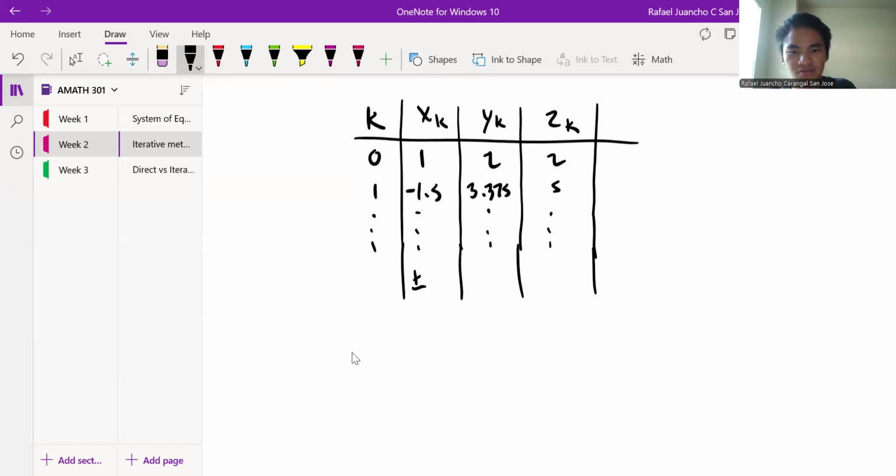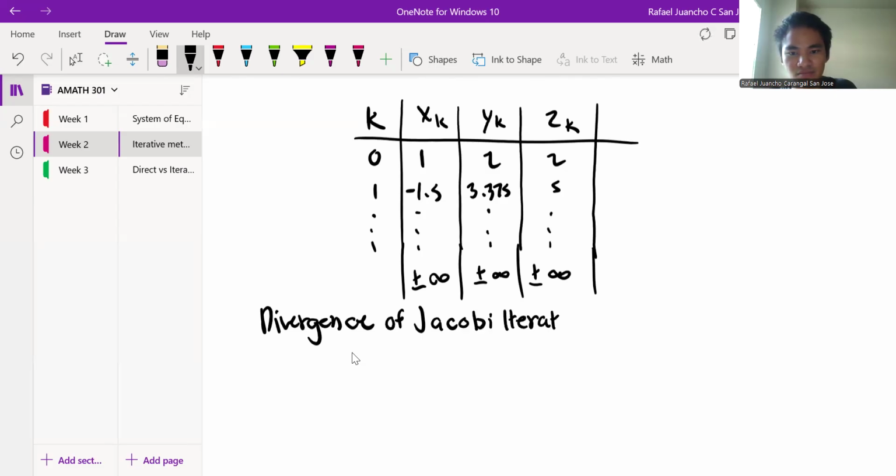That's what's happening here. Meaning it diverges, doesn't converge to a value. So this is a divergence of the Jacobi iteration scheme.